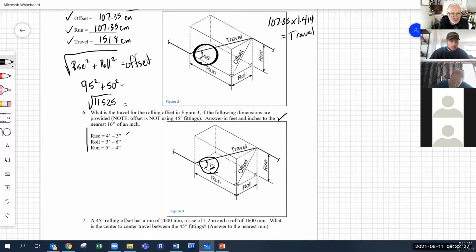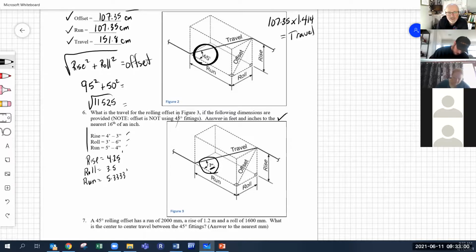So I got to change all of these into feet. So my rise is going to equal 4.25 feet. My roll is going to equal 3.5 feet. My run is going to equal 5.3333 feet. And that's me just converting the inches into feet. I just did it for you there.